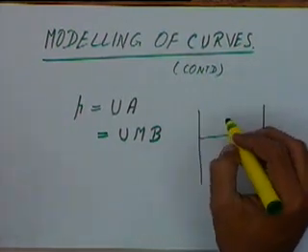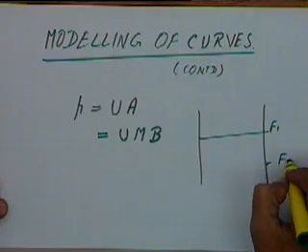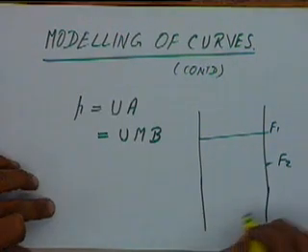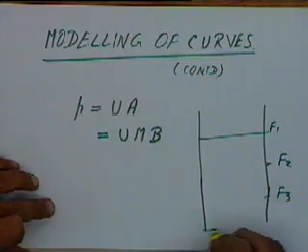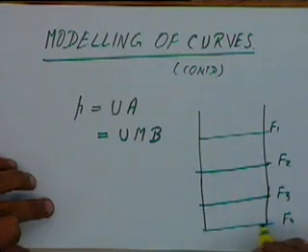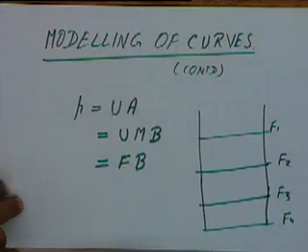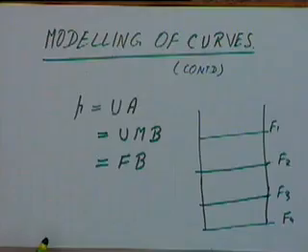We had seen 4 curves, F1, F2, F3 and F4. Okay, and we also wrote this as F times B. This is what we had seen yesterday.